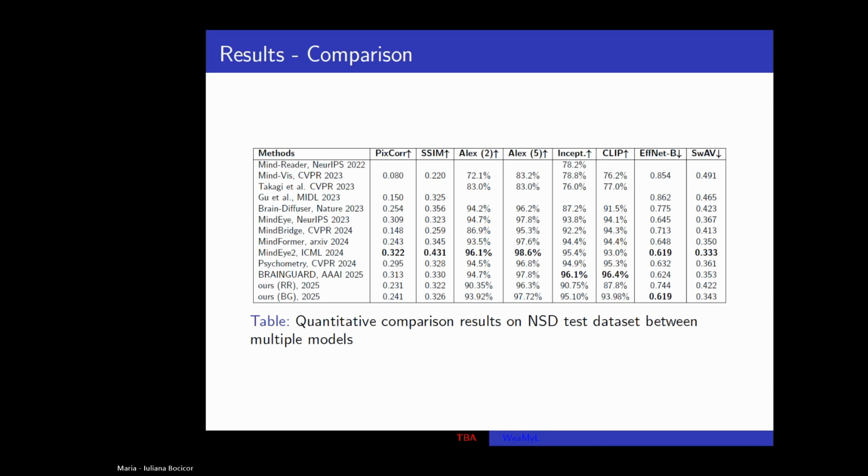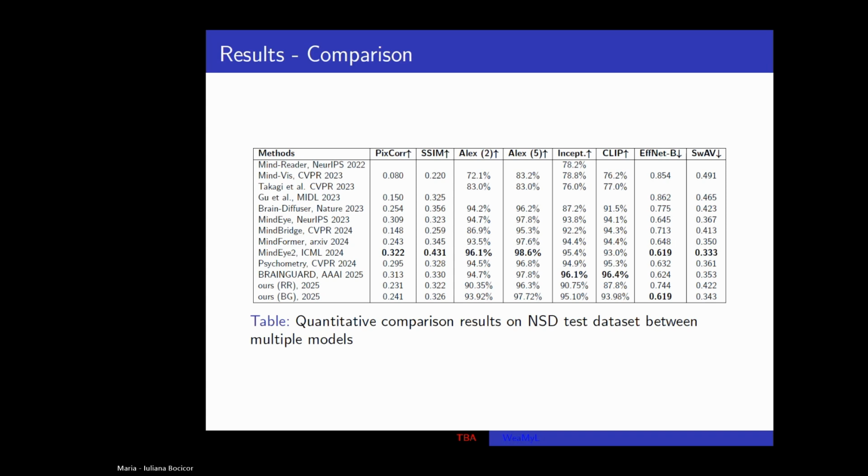Next slide. Okay, and here is a comparison between our models and the other models in the literature. And with bold, you can see the top scores for each metric.